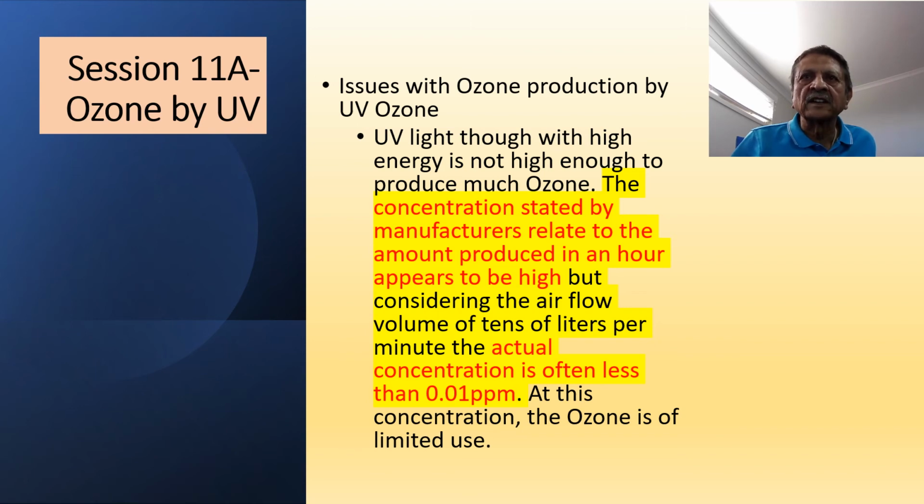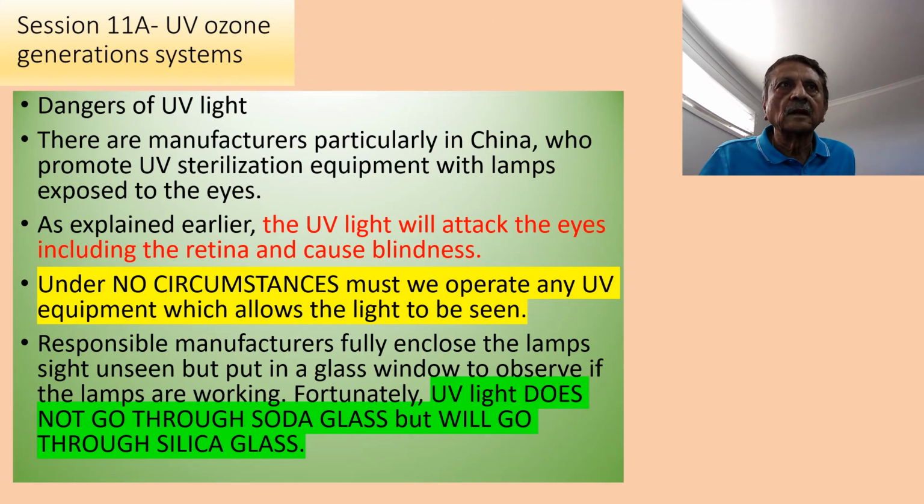But if you consider the airflow volume in tens of liters per minute, the actual concentration is often less than 0.01 ppm. At this concentration, the ozone is of limited use.